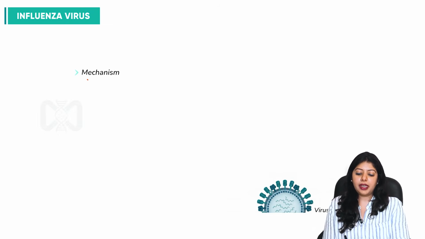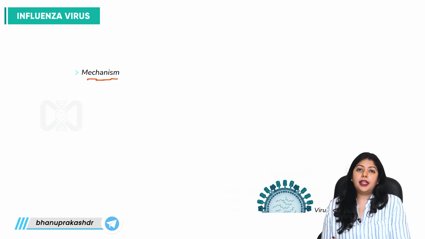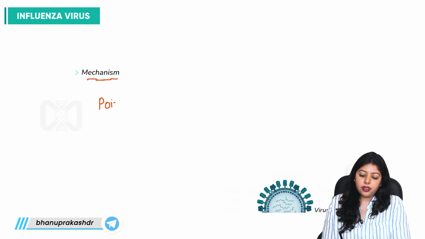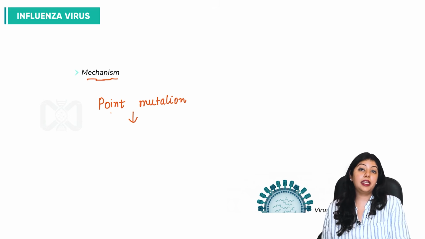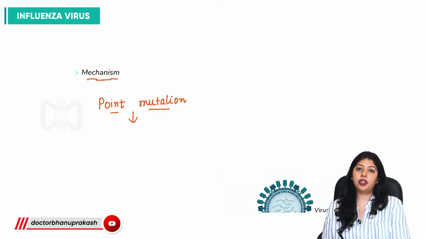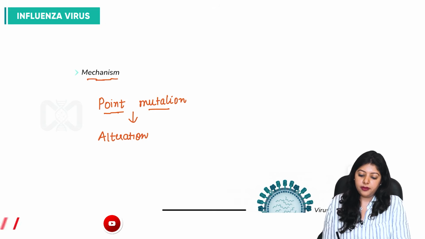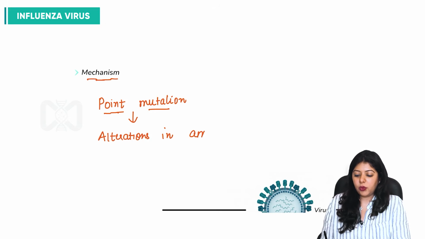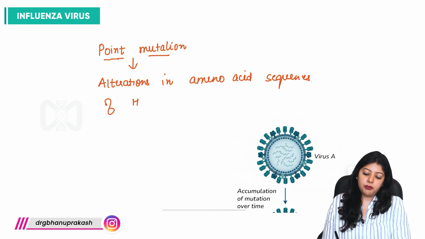So let us look at the mechanism. Firstly, there are point mutations which occur in HA and NA peplomers. Because of these point mutations, there are alterations in amino acid sequences of the HA and NA proteins.